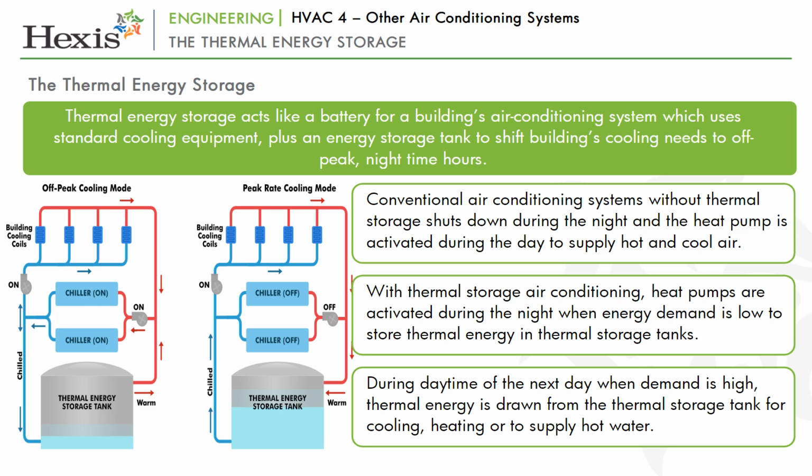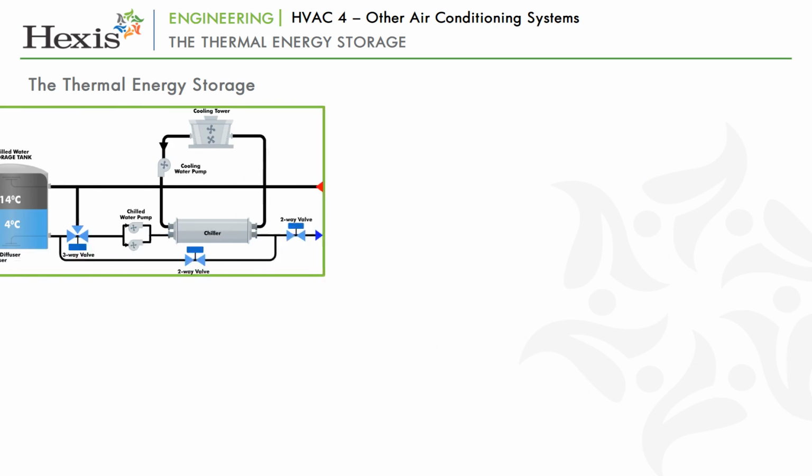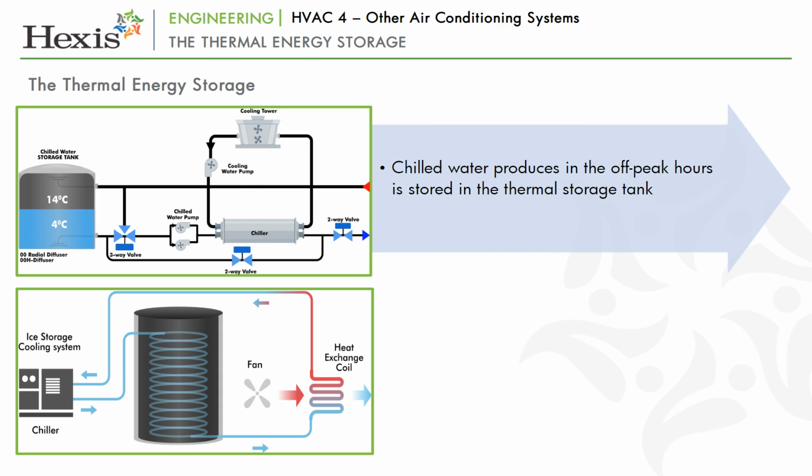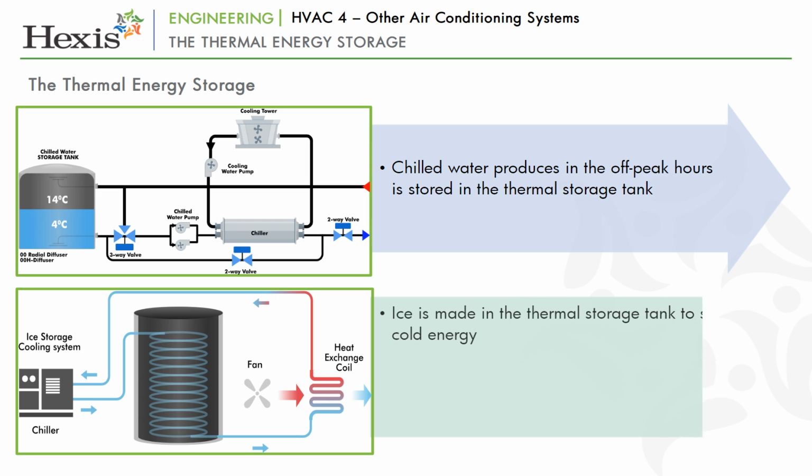The most appropriate type of thermal storage air conditioning system, such as water type or ice type system, can be selected depending on the scale and size of the installation space. In water thermal storage system underground, chilled water produced in the off-peak hours is stored in the thermal storage tank. In ice thermal storage system, ice is made in the thermal storage tank to store cold energy.